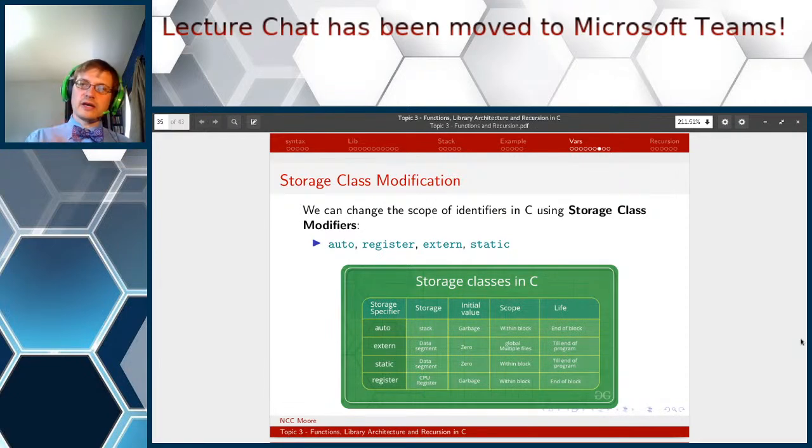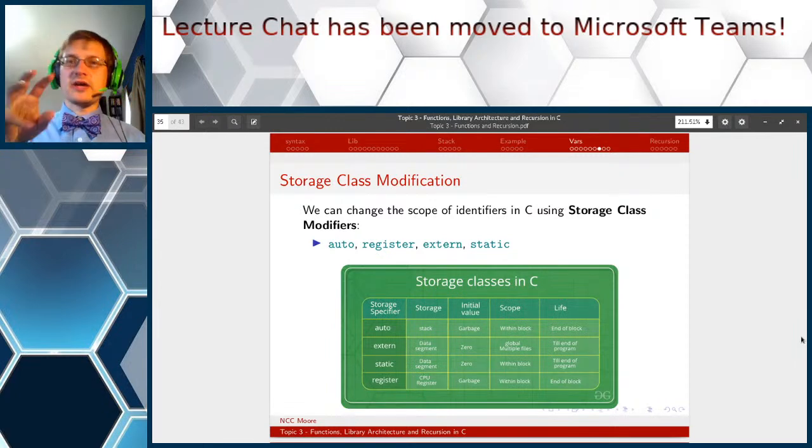If you remember, a couple of weeks ago we specified that there's a difference between data storage in ROM, in RAM, and in registers. Registers are the fastest. However, there's a very limited number of them.